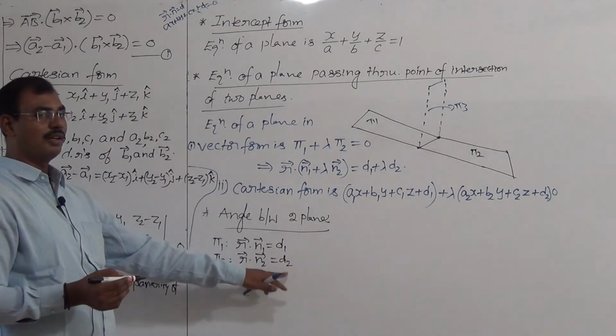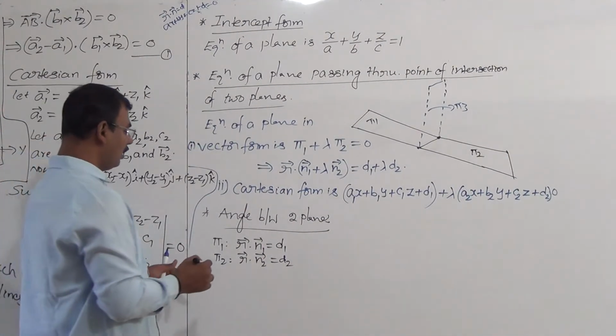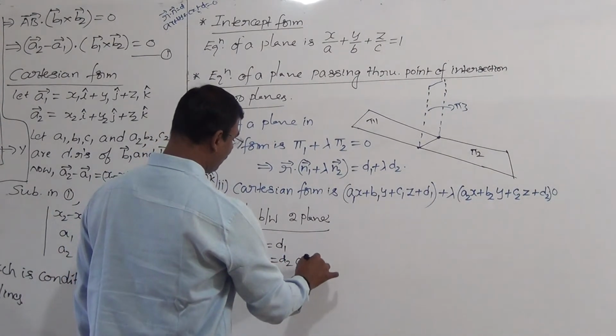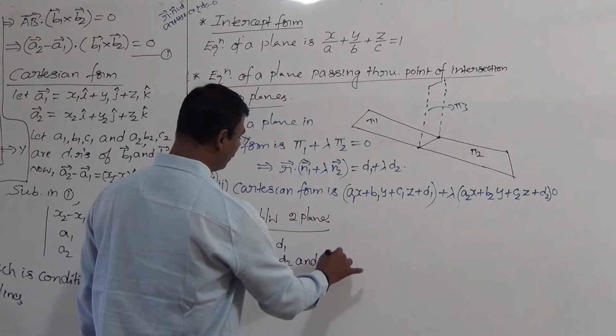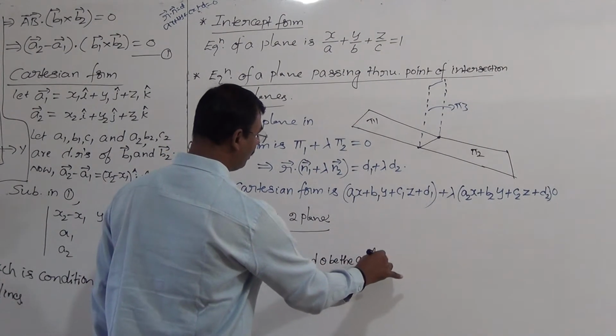Here the simple constant and normal vector are given. Let theta be the angle between them.